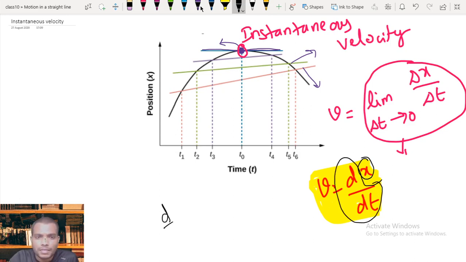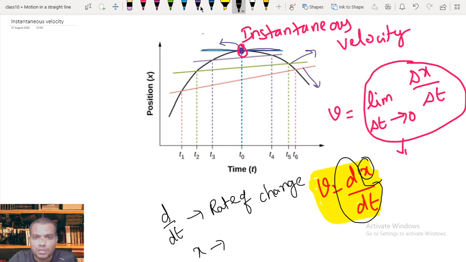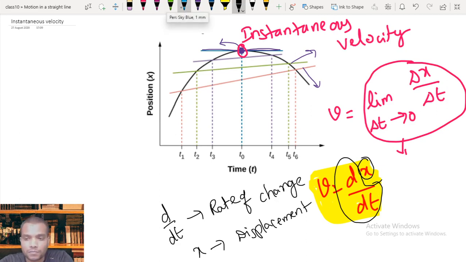So d by dt we call the rate of change, and x is position or displacement. So the rate of change of displacement, that we call velocity.